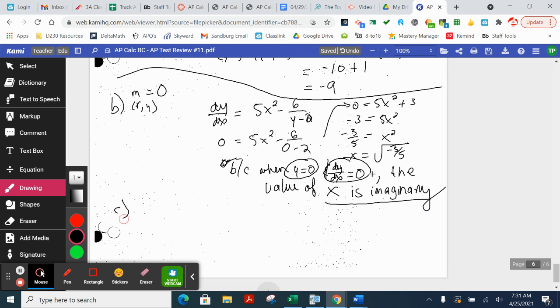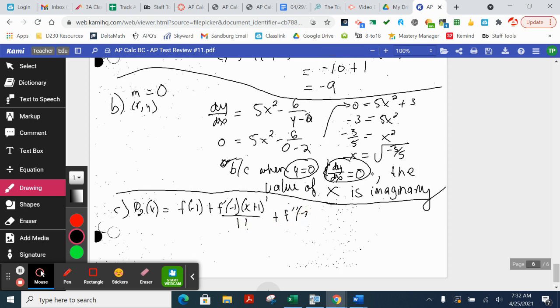Second degree means we need P sub 2 of x. We want our functional value at negative 1, our first derivative value at negative 1 times (x plus 1) to the power of 1 over 1 factorial, and our second derivative at negative 1 times (x plus 1) to the second power over 2 factorial.